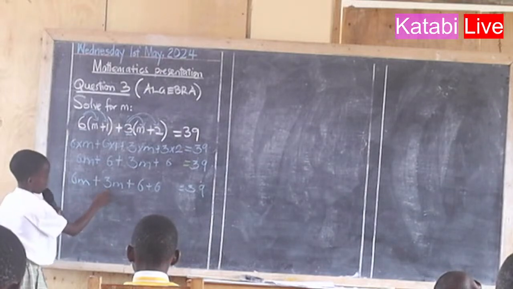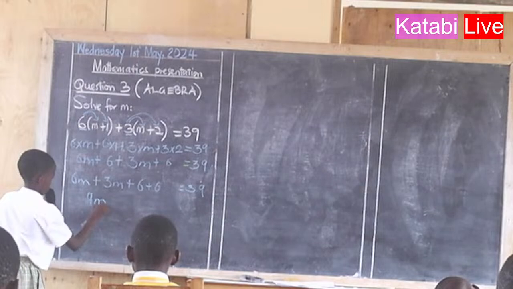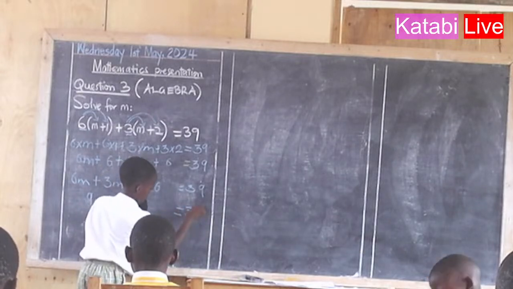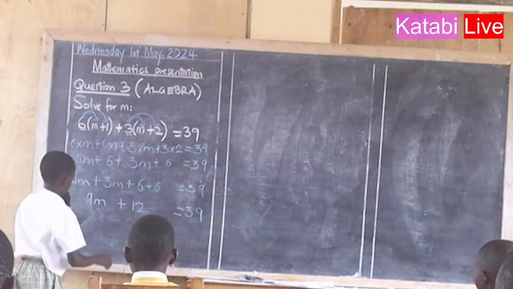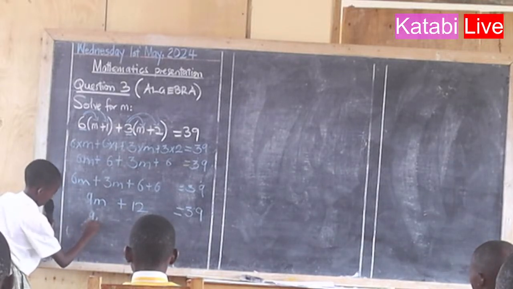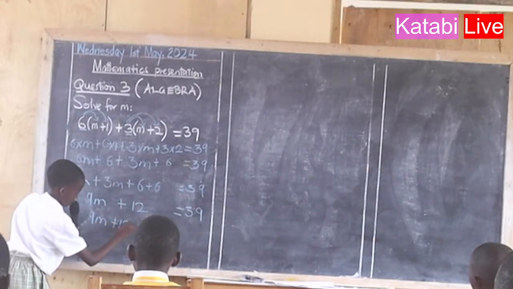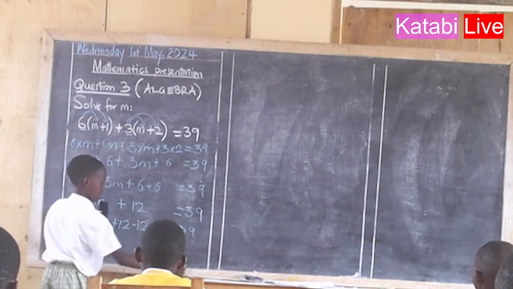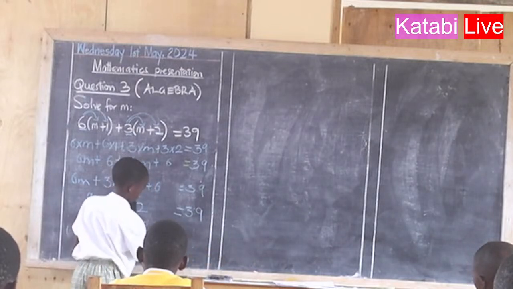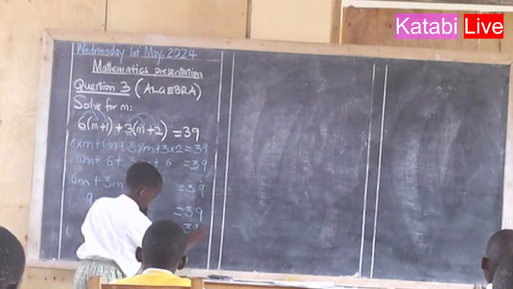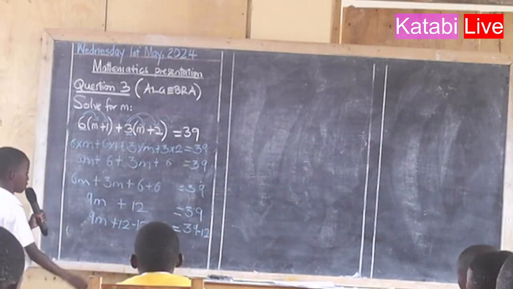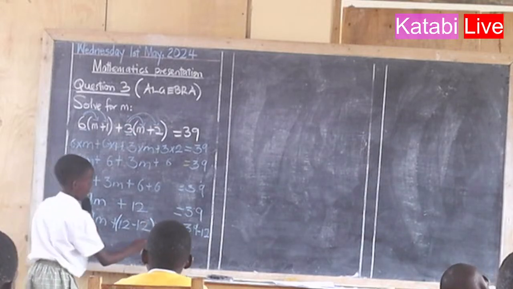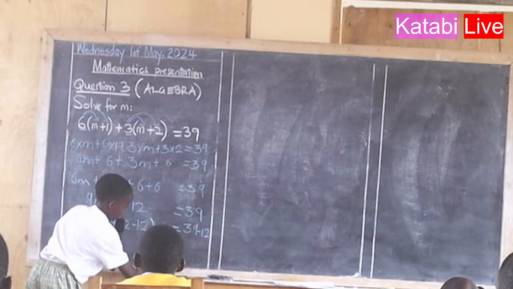So what is 6 plus 3? Then what do we do next? 39 minus 12. 12 minus 12. 39 minus 12.